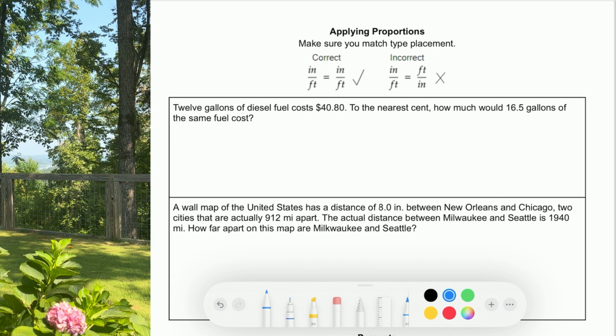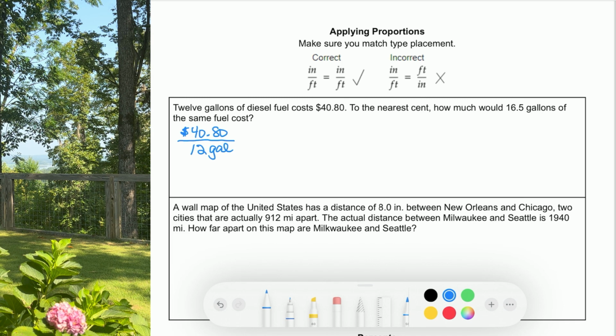our first example problem. We have 12 gallons of diesel fuel that costs $40.80. That's my first ratio. And remember, we put money in the top. So I'm going to have $40.80 to 12 gallons.